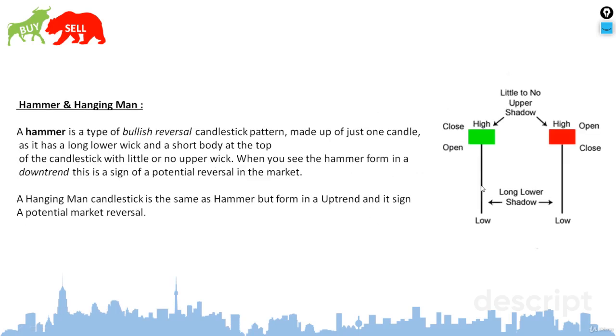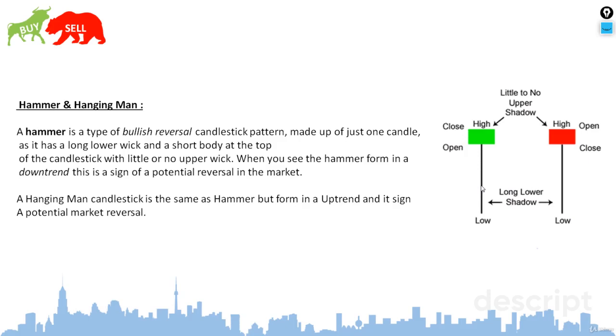In the second point, we are going to see the hammer and hanging man. A hammer is a type of bullish reversal candlestick pattern made up of just one candle, as it has a long lower wick and a short body at the top of the candlestick with little or no upper wick.